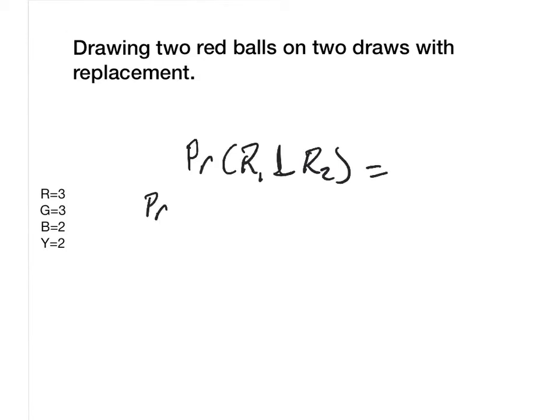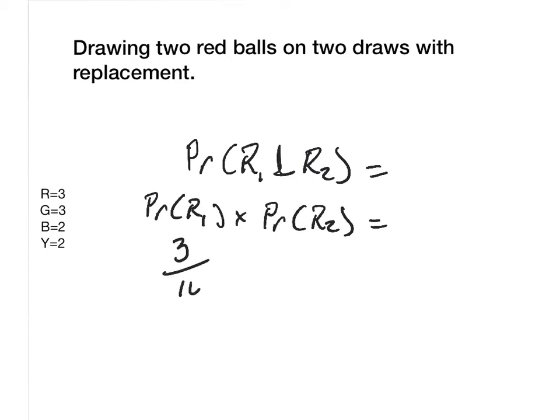So that's just equal to the probability of getting a red ball on the first draw times the probability of getting a red ball on the second draw. We just multiply them together. And our first one is, we've got 3 red balls, 10 balls total, 3 over 10, times the same thing for the second draw since we put that first ball back. And so this comes out to 9 over 100. All right.